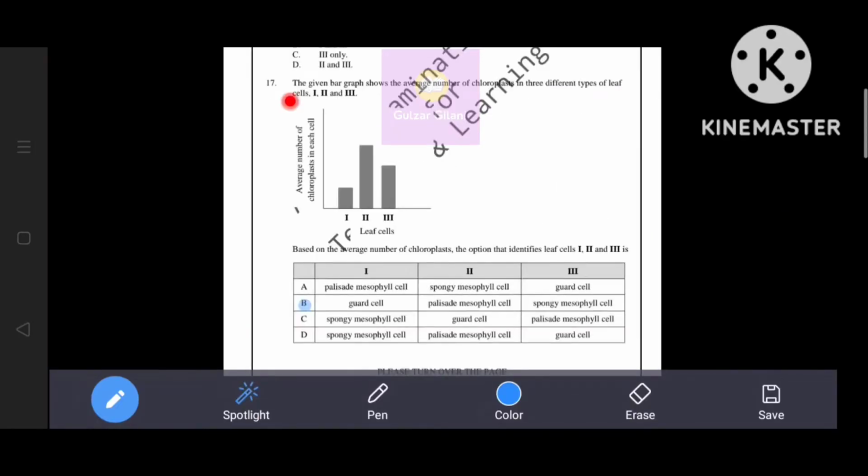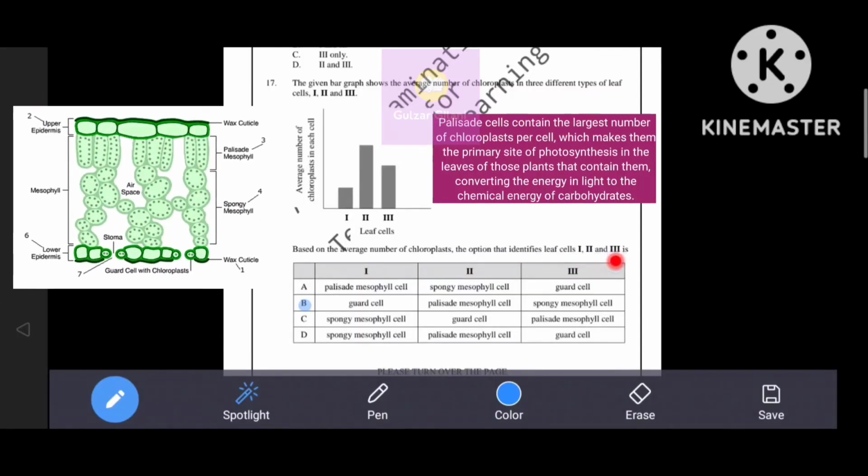Next question. The given bar graph shows the average number of chloroplasts in three different types of leaf cells 1, 2 and 3. Based on the average number of chloroplasts, the option that identifies leaf cells 1, 2 and 3 is... Palisade mesophyll cells contain the largest number of chloroplasts per cell.